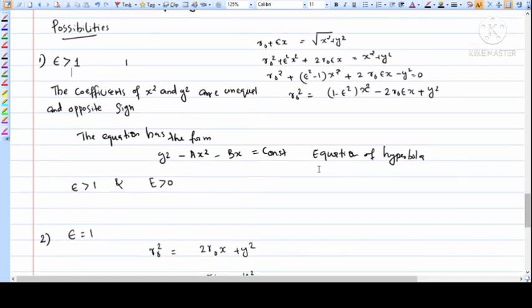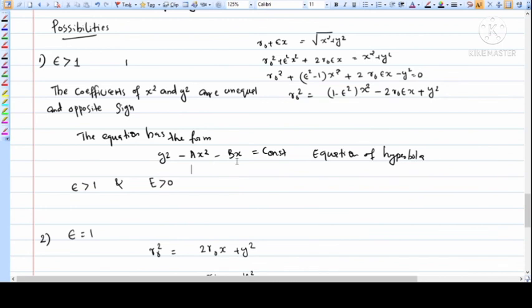So as I already said, the value of eccentricity epsilon will give you the shape of the orbit that a planet is revolving in. So when epsilon is greater than 1, look at this equation.